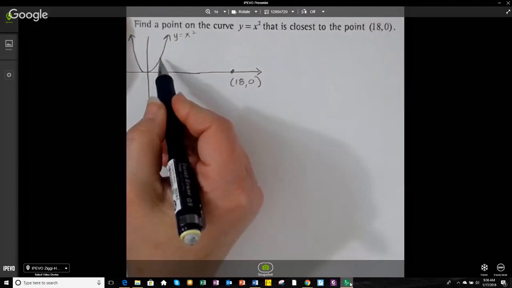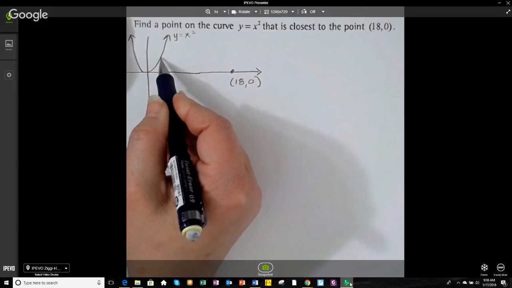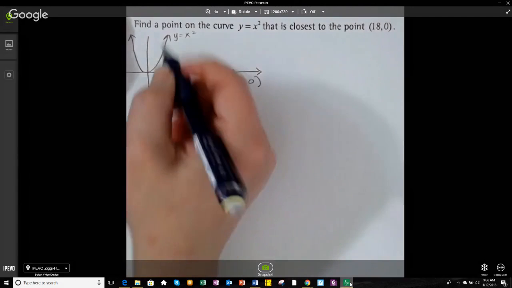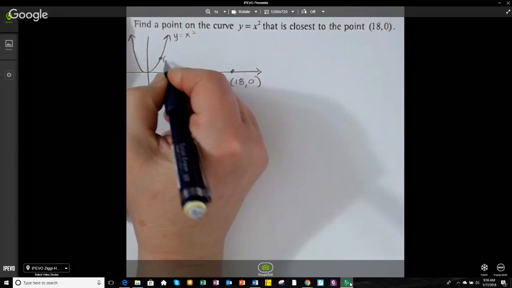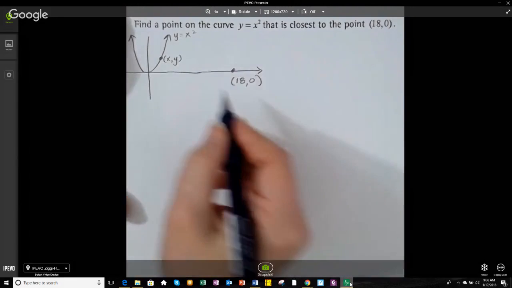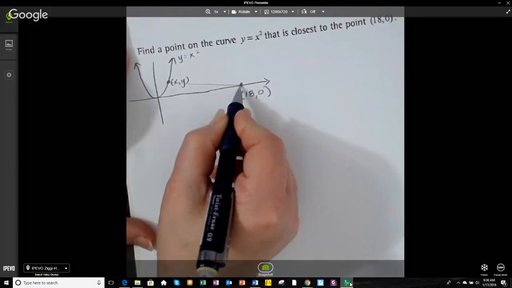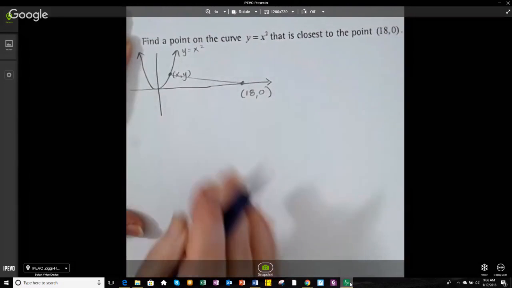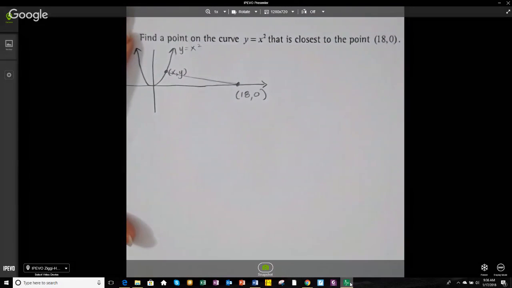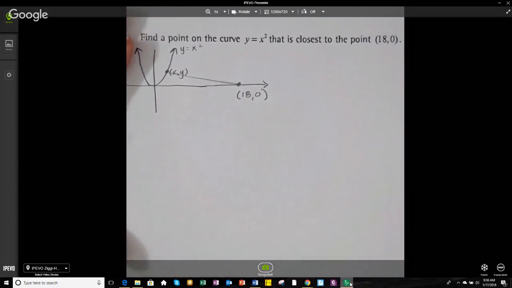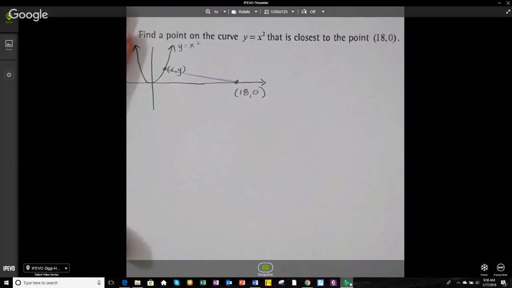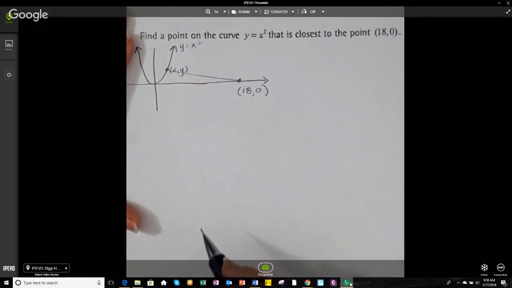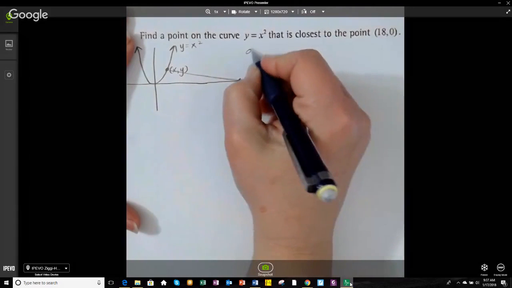Now, I suspect it's going to be on this branch of x squared because it's the closer branch. So I'm just going to put a point here, (x, y), some generic point. And I want to find out what point on this curve is going to be the closest. So what am I doing here? The closest. Sounds like I'm trying to find a minimum. A minimum what? Well, a minimum distance. And I'm going to refresh your memory.